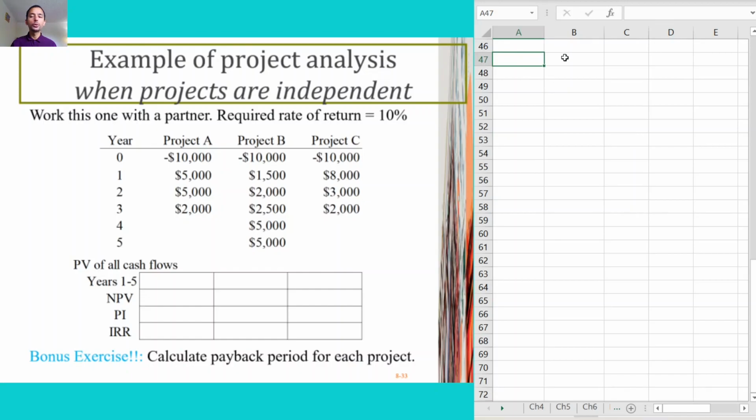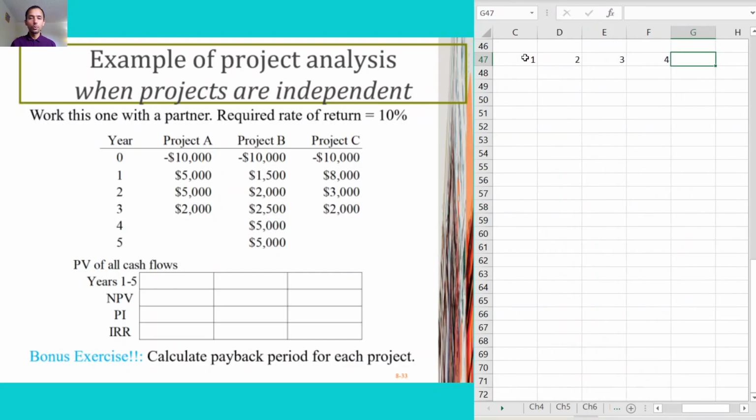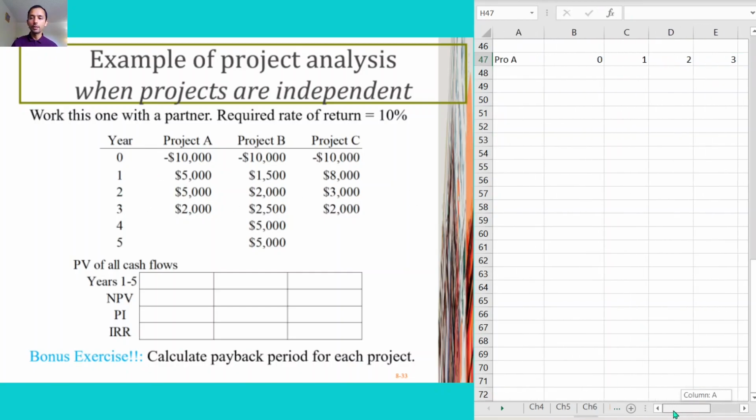I will put all of the cash flows here for project A. Let's type project A, and I will type time 0, 1, 2, 3, 4, 5, because it goes all the way through 5 for all of the projects. Then let's say I'm calculating NPV.